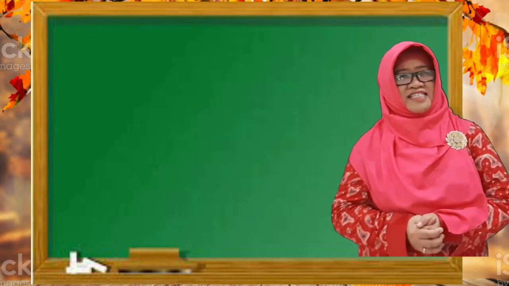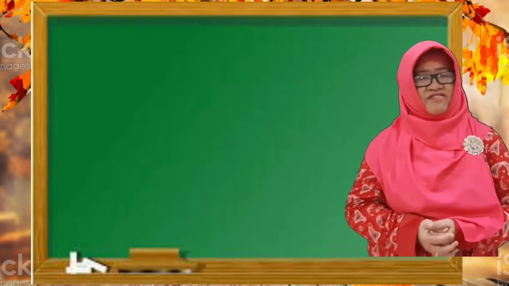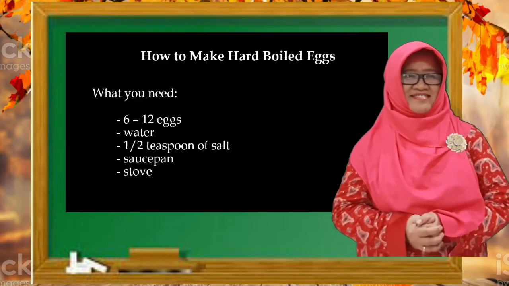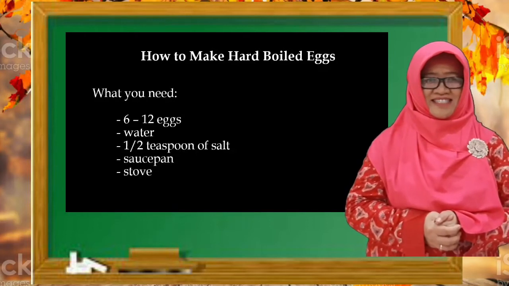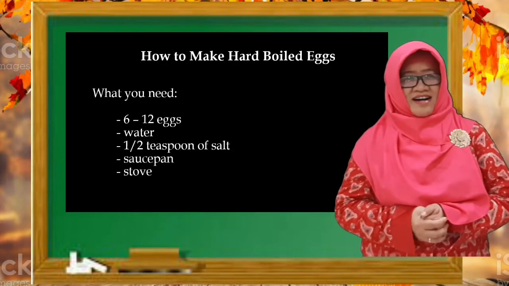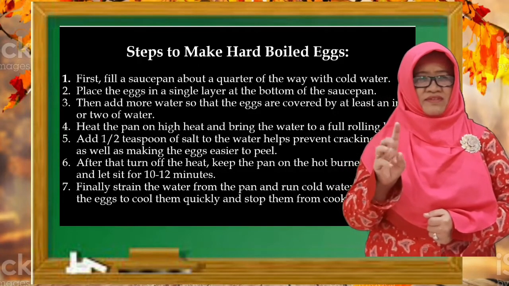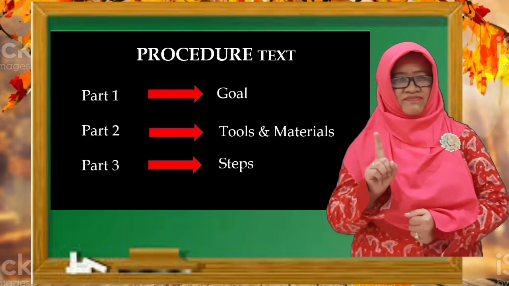To make it easier for you to understand a procedure text, I'll give you an example. Check it out. This is an example of a procedure text. I will divide it into three parts. Part 1 is goal.